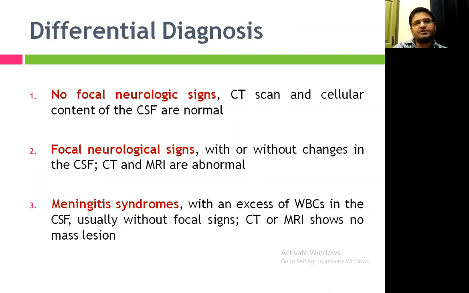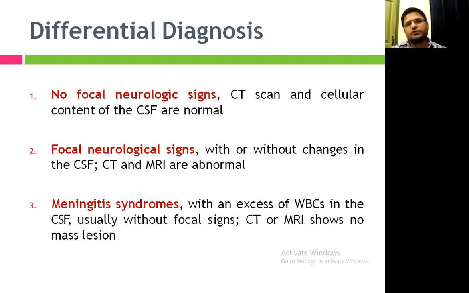But if a patient comes to you with the focal neurological features I already mentioned, with or without changes in CSF, the CT scan and MRI are abnormal. Say a patient comes with hemiplegia and an unconscious state. You examine the patient and find loss of pupillary reflexes and corneal reflexes, absent doll's eye movements, and neck rigidity.